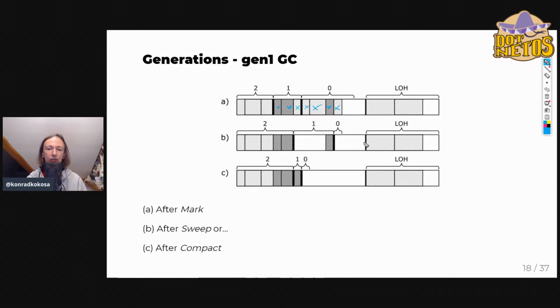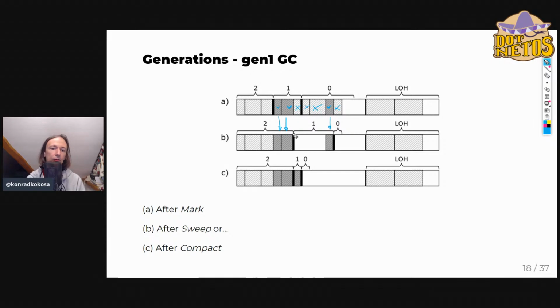So again, a decision whether to sweep or compact. If we sweep, it's a very similar scenario: without moving any objects, we will simply move the boundaries of the generations. Now we will move the boundaries of both generations, because generation 2 needs to grow, as those two objects have been promoted to Gen 2, and these objects should be promoted to Gen 1.